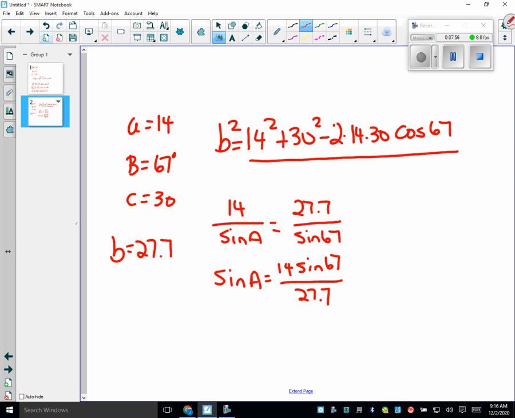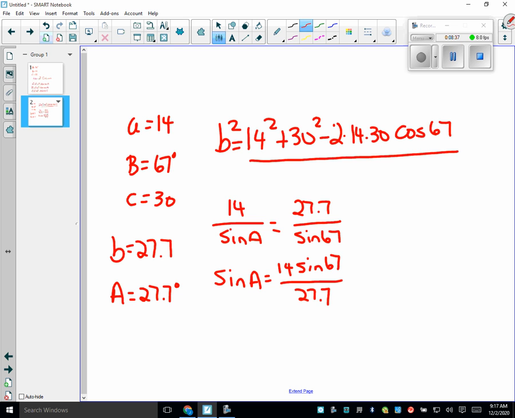What did you get for angle A? 27.7 degrees. Did you get that? What? Do you have to do the whole thing again? No, not if you find the smallest first. That takes care of it. Because how would I find angle C? 180 minus. Don't I have two angles?